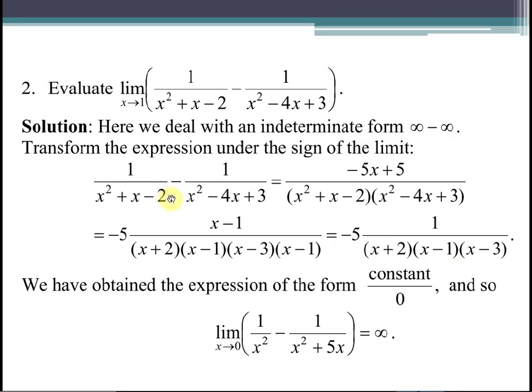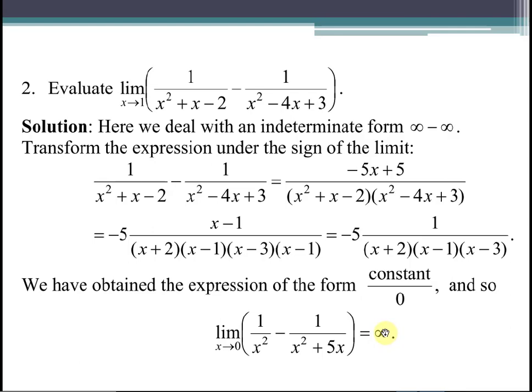These are the factors of the denominators, and x minus 1 and x minus 1 are cancelled, and we have this expression. We have obtained an expression of the form constant over 0, because if you put 1 here again, the middle one will be 0. And constant over 0 means it is equal to infinity. So the answer is infinity.